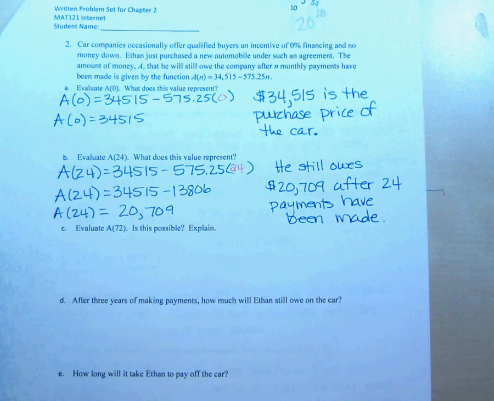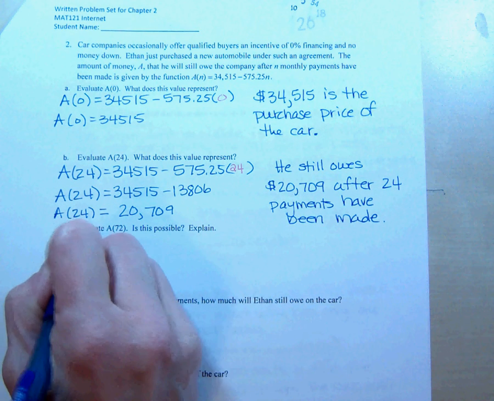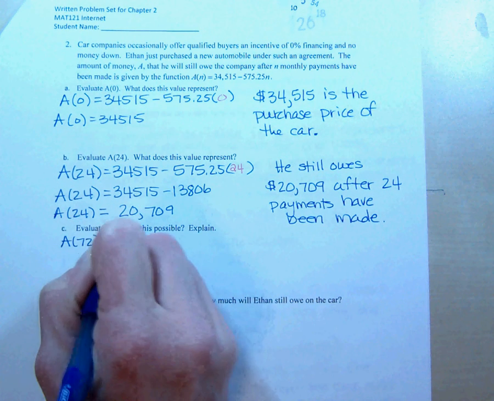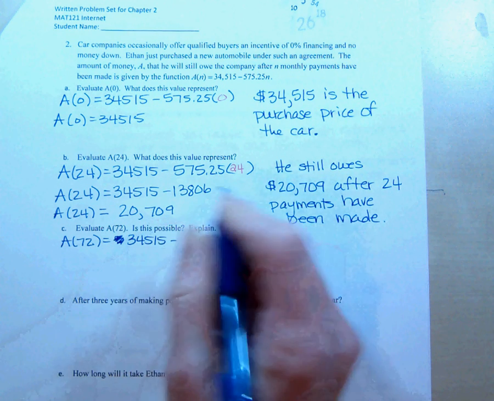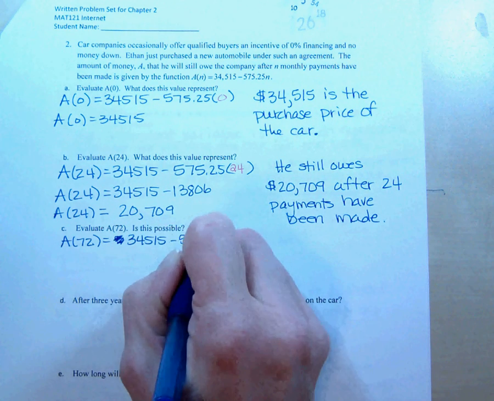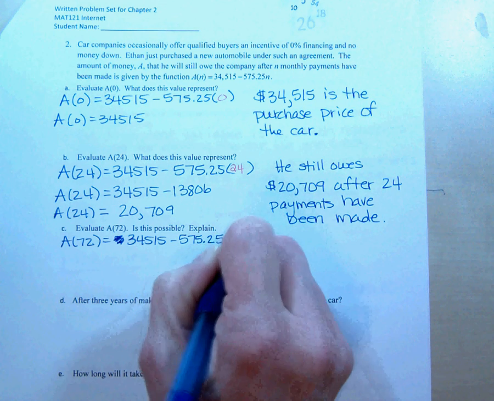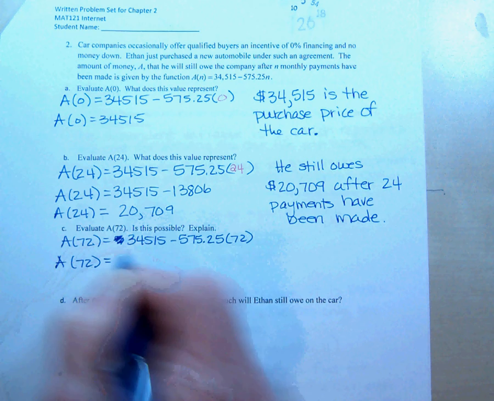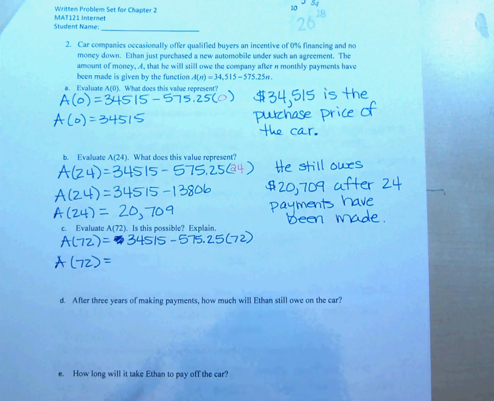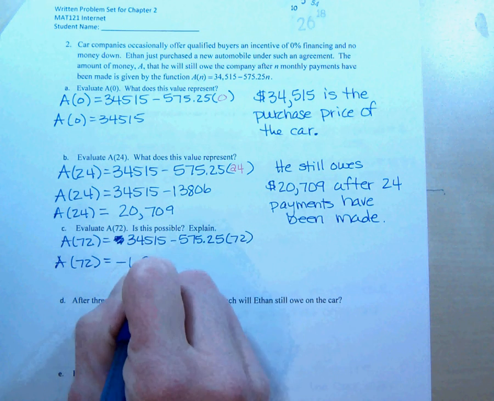Alright, a of 72. So again, we are going to replace n with the value of 72. And after you work this out, you come up with a negative value, negative 6,903.